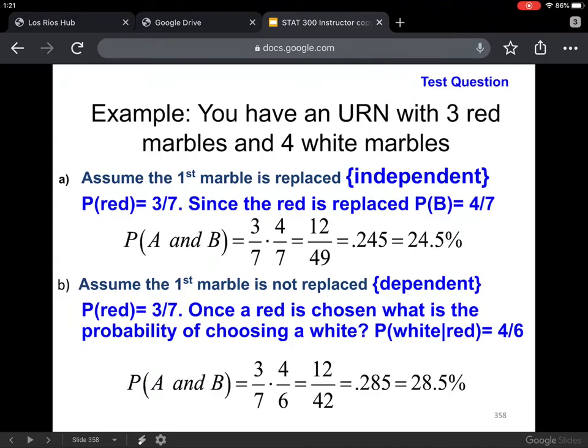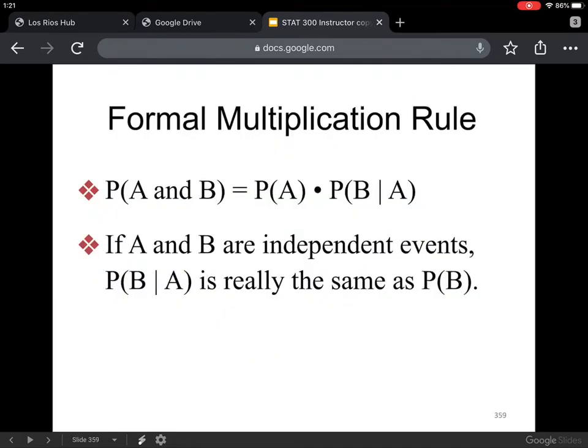events independent versus dependent. The formal multiplication rule: if probability of A and B is what you want to find, then probability of A times probability of B given A is what you need to calculate. If A and B are independent events, then, as I've mentioned before, probability of B given A is really the same thing as probability of B, right?